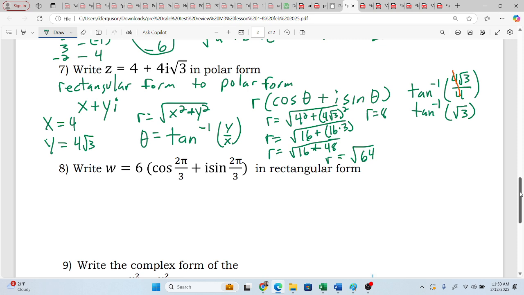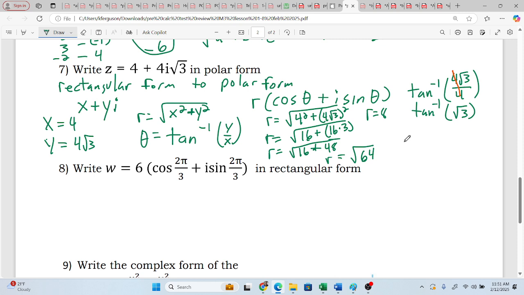So what we're going to do instead is get a calculator. So we're going to use our handy dandy calculators. If we put in the inverse of tangent of the square root of 3, okay, this person was so nice to have their calculator on radians instead of degrees, so I missed it.